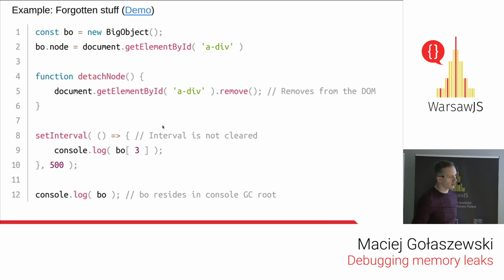Some other examples of things that can cause these problems are any nodes that are created, like I said before, and are referenced. Any detached DOM nodes which are only removed from the page, but the references are still there. Any intervals that are using variables from the closure.